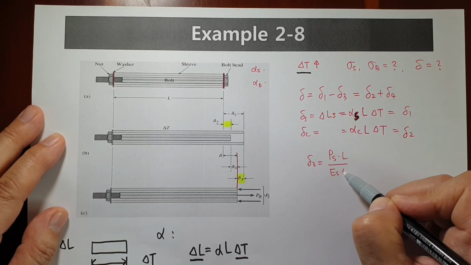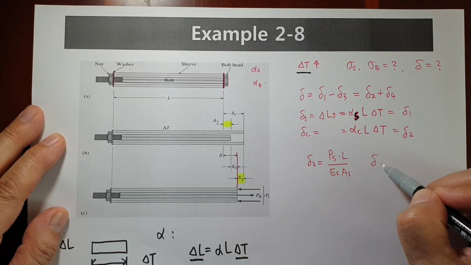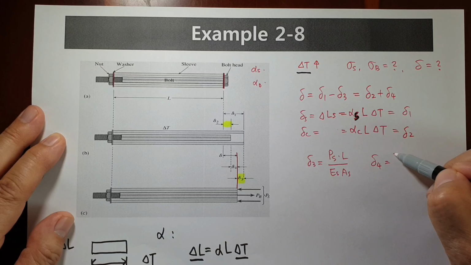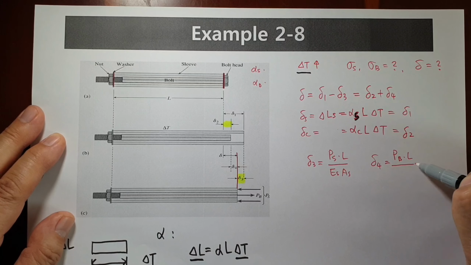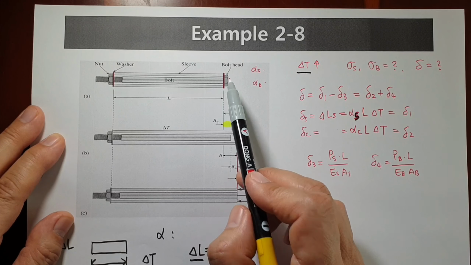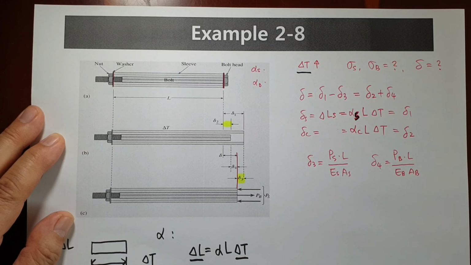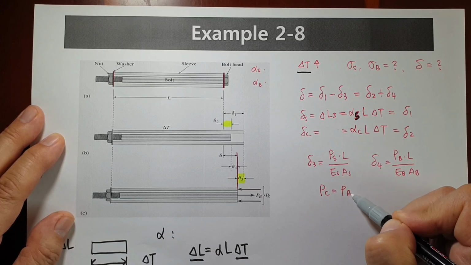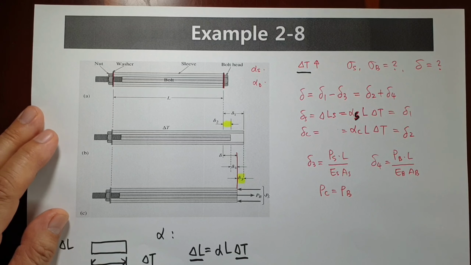Delta 4 is P bolt L over E B A B. Actually, they affect each other. That's why the forces PC and PB are the same.